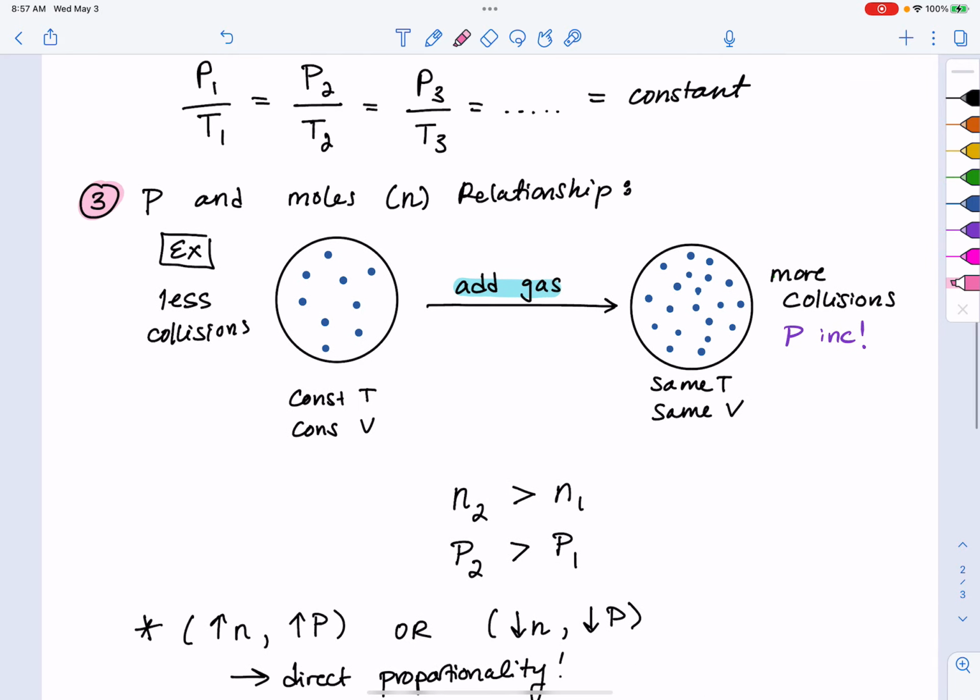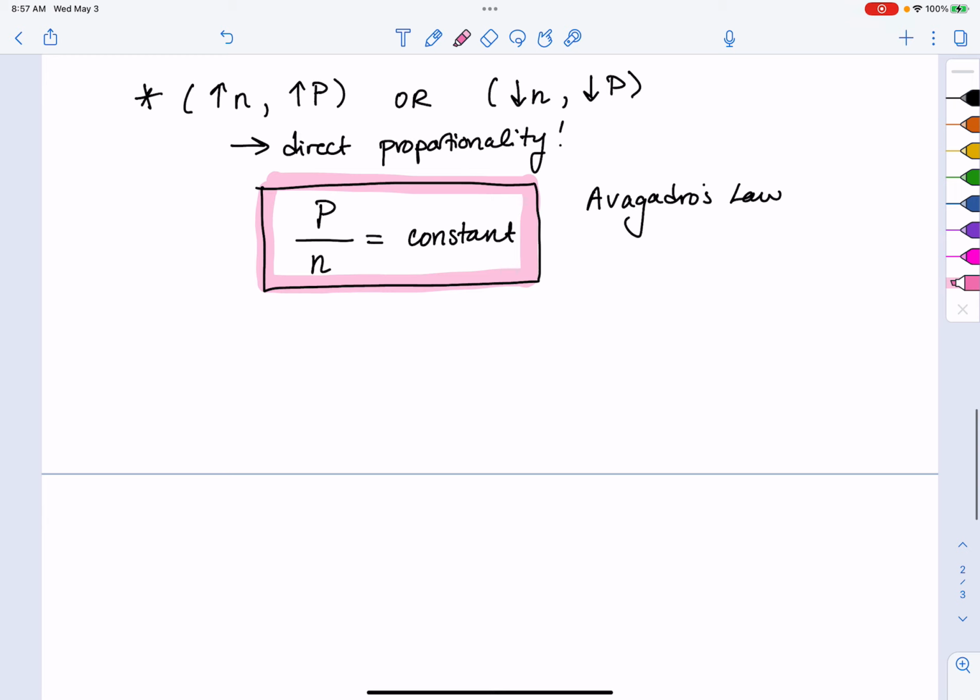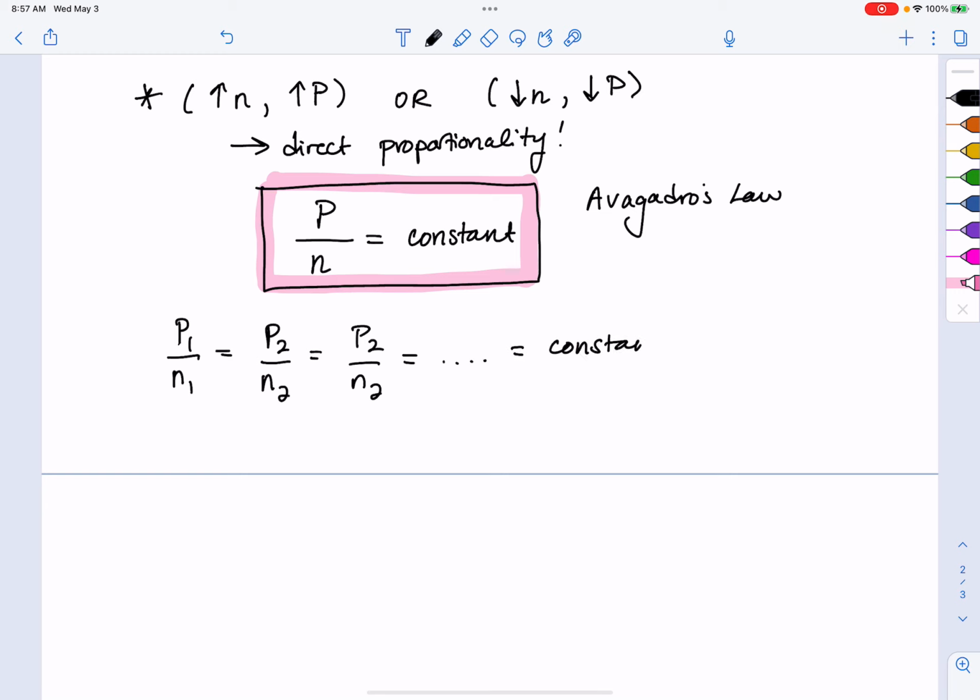And we can say something very similar to what we have for Boyle's law and the Gay-Lussac law, which is because this quotient is always equal to a constant, then I can relate the pressure and quantity of a gas at various conditions by setting them equal to one another, because all of these proportions of pressure and moles are equal to the same constant, that proportionality constant that relates them.